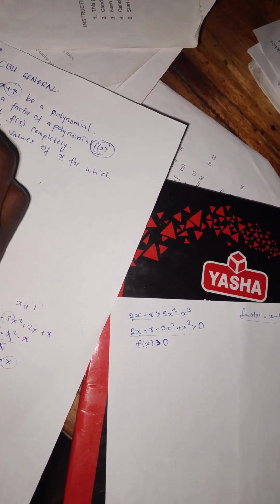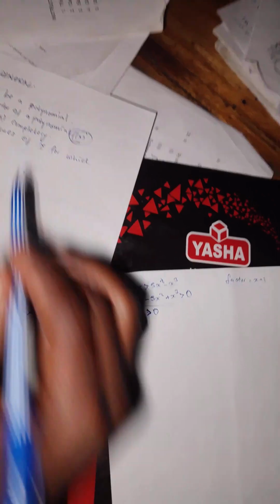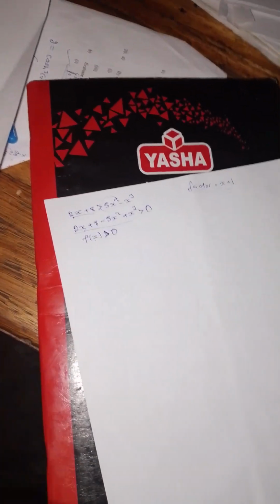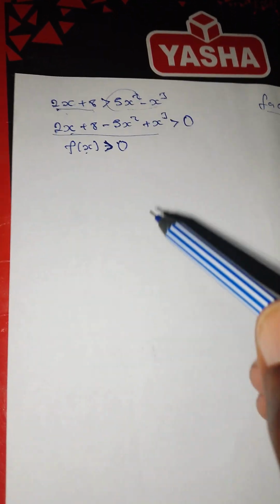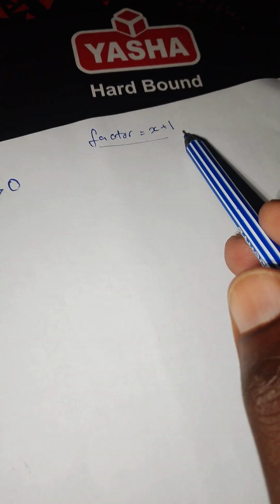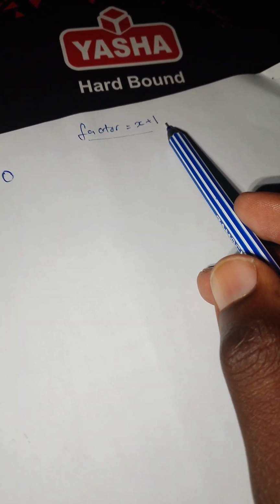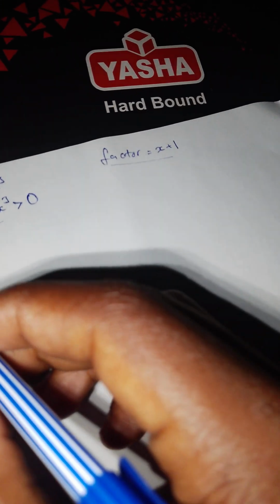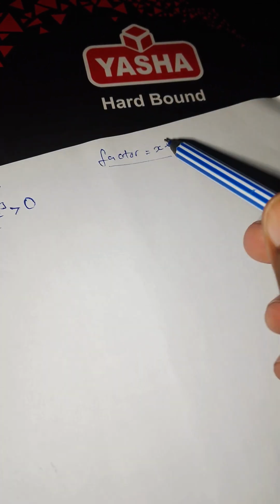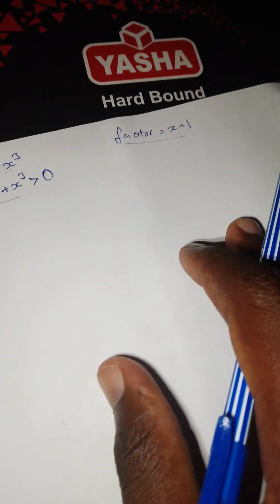They're saying let f of x, this one, be a polynomial. So this polynomial is actually f of x, and our factor is this one. To do this, we are going to divide this polynomial by this using the synthetic method.